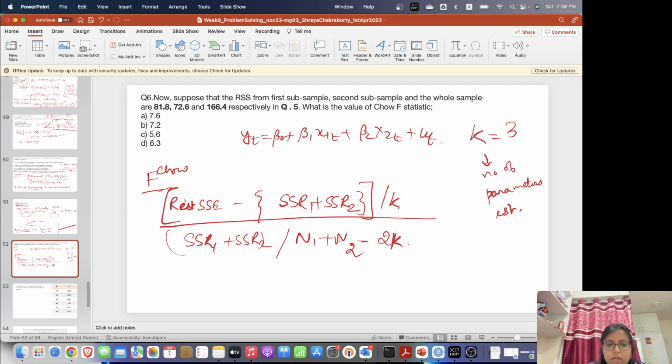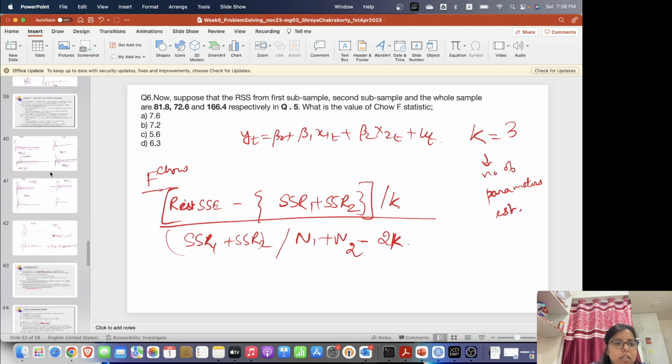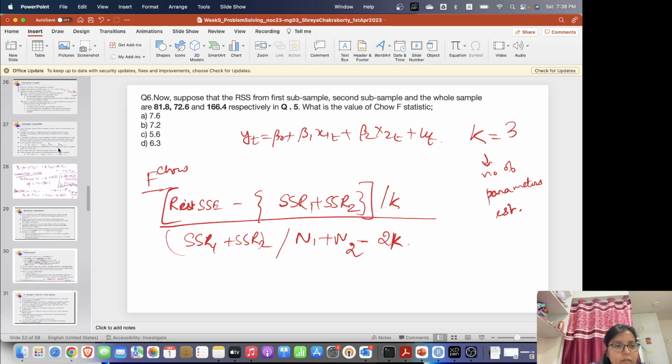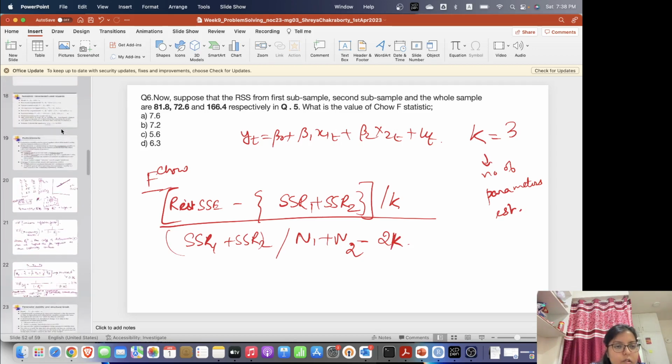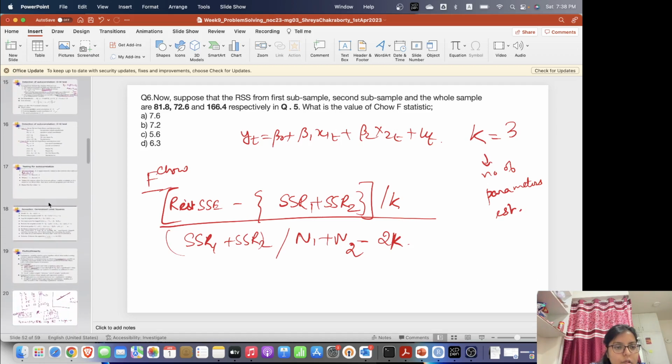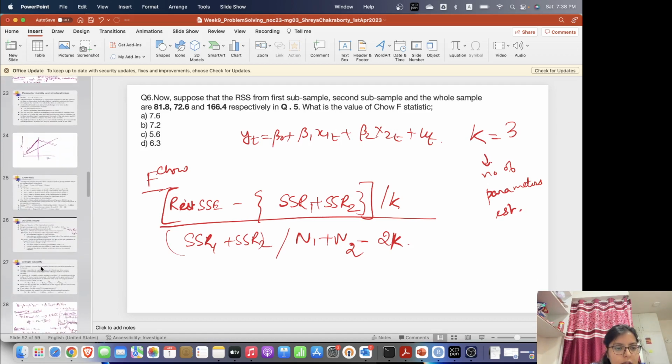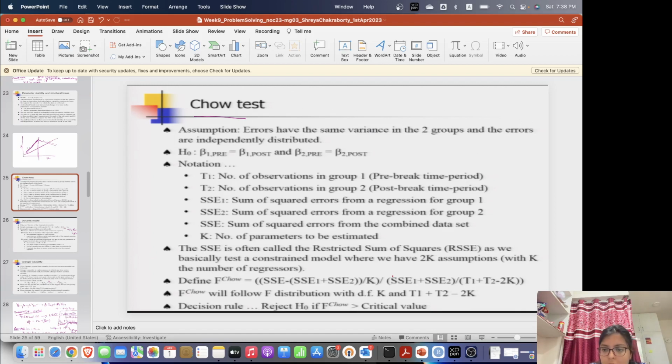Okay, this was the Chow statistic if I remember correctly. T1 plus T2 minus 2k. Yes.